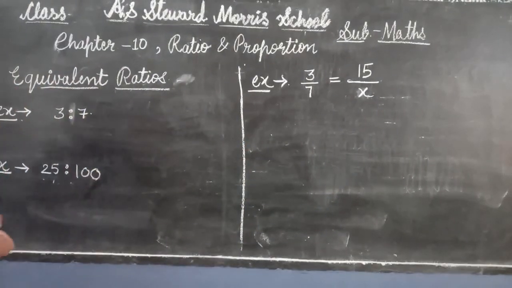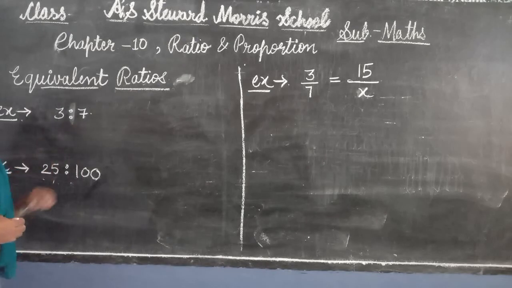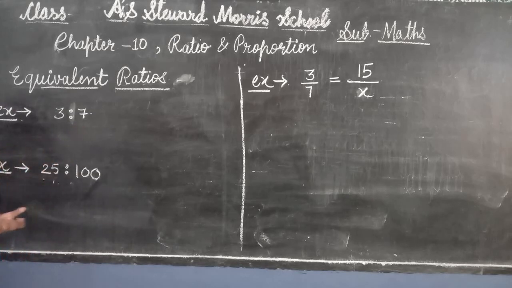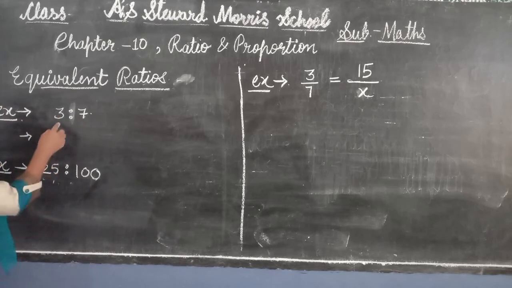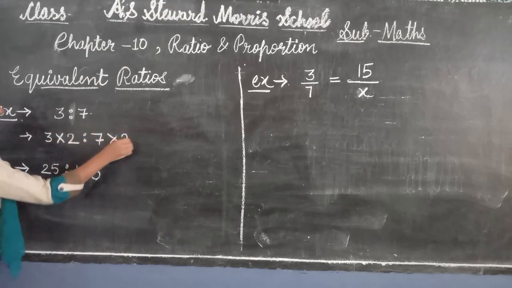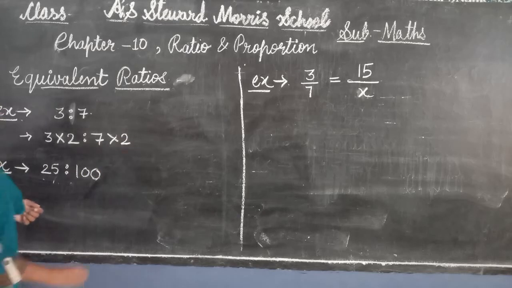See, the ratio is 3 is to 7. You want to find the equivalent ratios. You can find them easily. Just multiply both terms by the same number. If you are multiplying this 3 by 2, it is necessary that this 7 is also multiplied by 2. Okay.